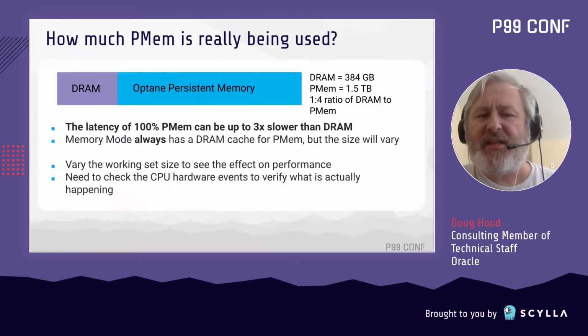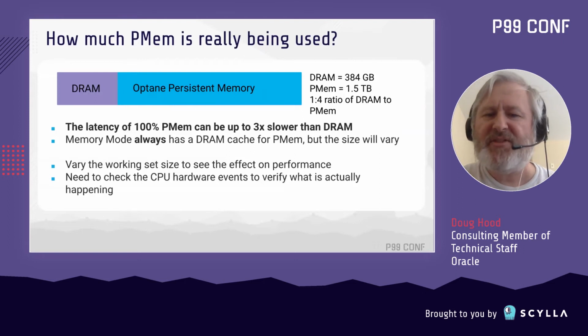You cannot just have a machine with persistent memory. For each memory module of persistent memory, you need to have a buddy, which is DRAM, which allows caching of the persistent memory in DRAM. So you're always going to have a ratio of DRAM to persistent memory.